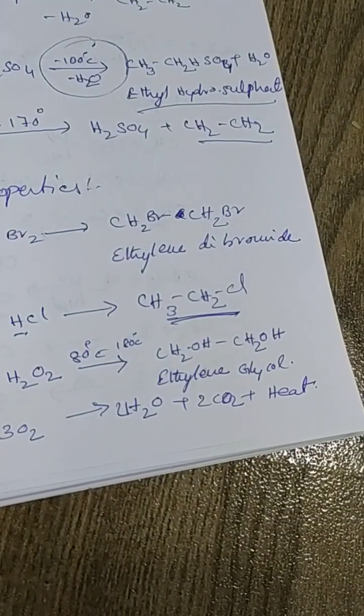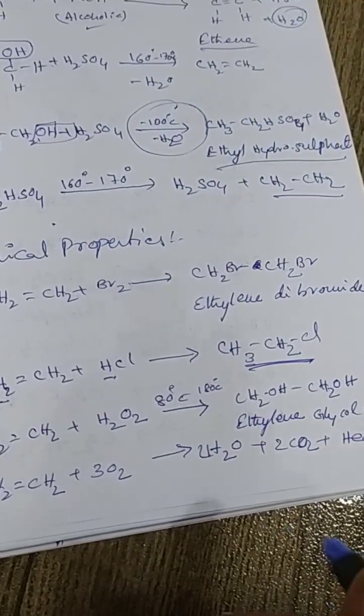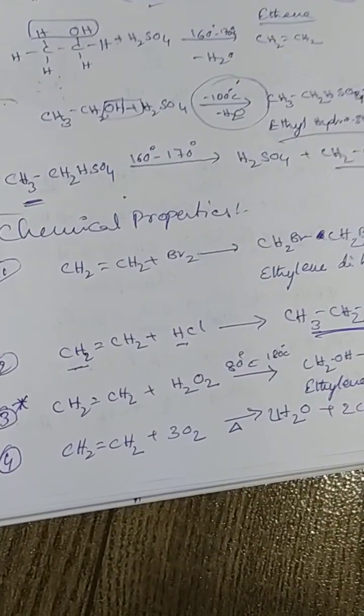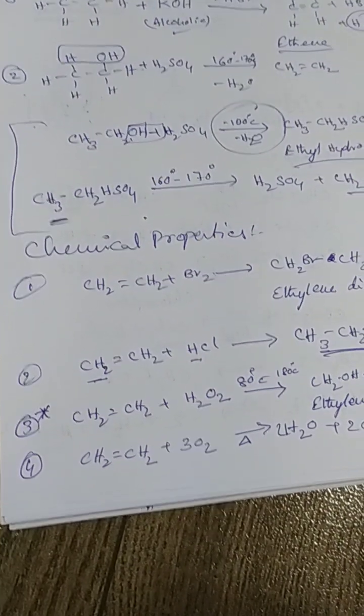The triangle, the symbol of delta, always denotes combustion.